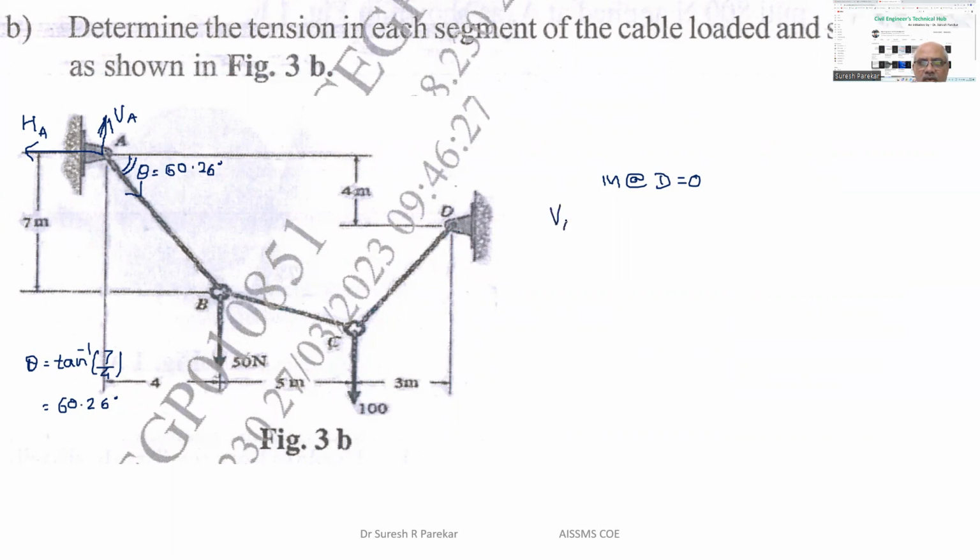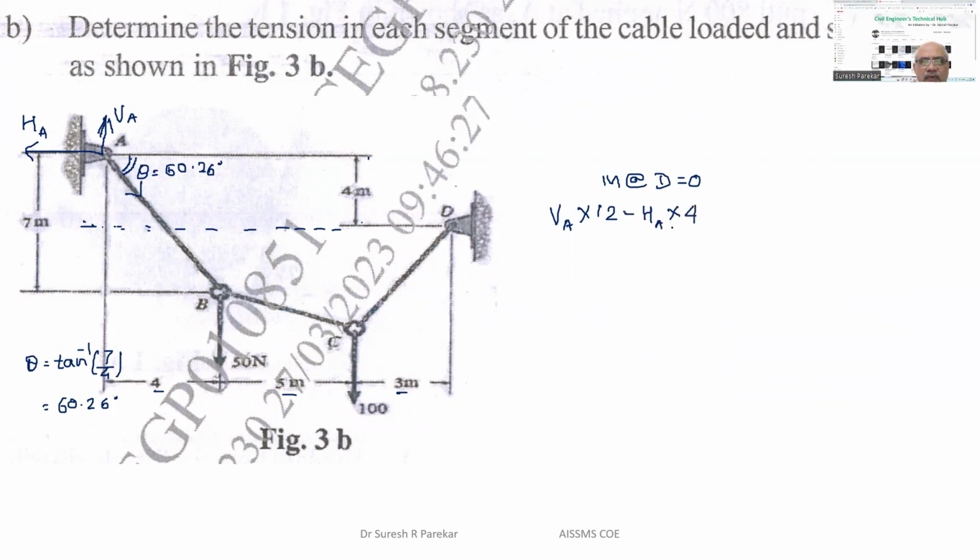Moment due to VA: we have VA into total distance, 4, 5, 9 and 3, 12, so VA into 12. Then due to HA, we have anti-clockwise, and we take the vertical distance between A and D, which is 4 meters, so minus HA into 4.